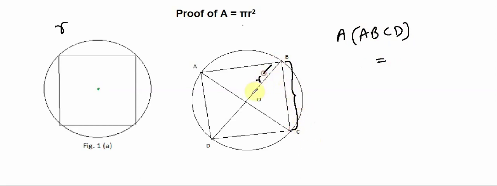This is the radius. So this is 90 degrees, this is a square, because ABCD is a square. So by Pythagoras theorem, this side BC turns out to be under root 2r, or BC square is 2r square.